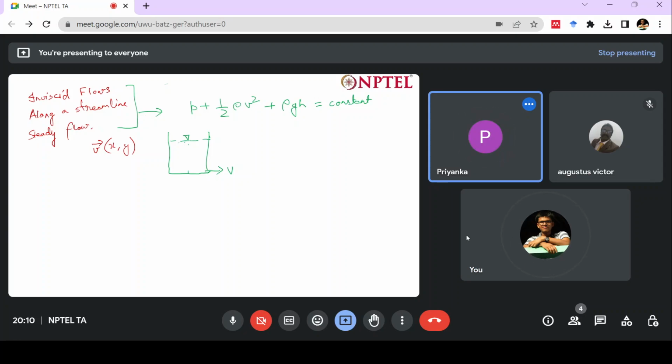I have just one doubt, sir. If I take a spherical ball, an empty spherical tank, and if I fill half with water, the other half is filled with air at atmospheric pressure. If I want to find the force at the bottom quarter surface, how can I solve it, sir?